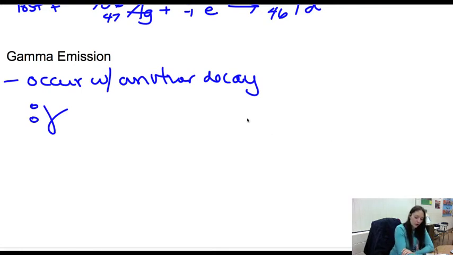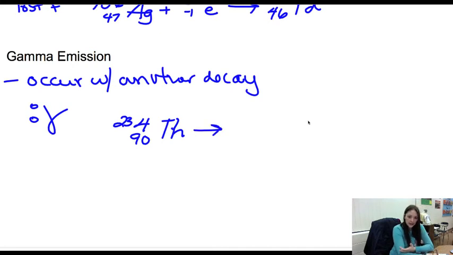So if I say that thorium-234, which is going to be 90, is going to beta and gamma decay. So I'm going to lose a beta particle and a gamma particle and see what I'm left with. Well, I didn't change any of my total, so I'm still going to have 234.